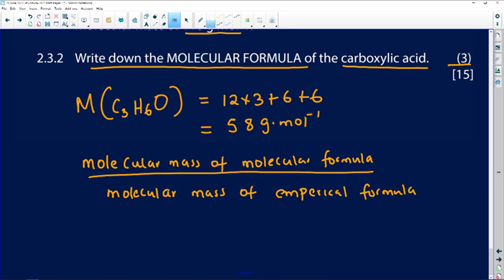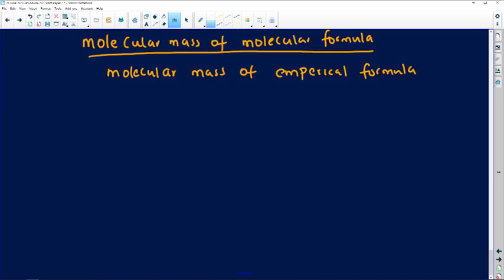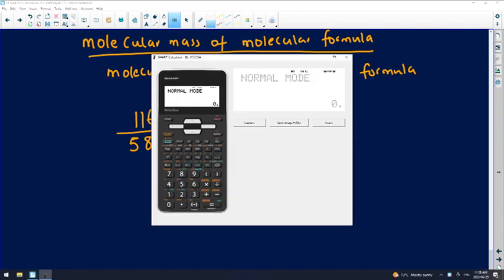What do you get now if you divide the two? You are given 116 over 58. And if you go to our calculator now and punch the two, let's verify it.